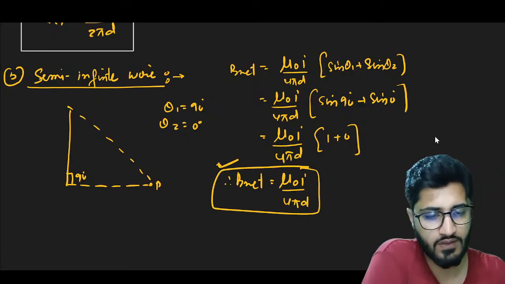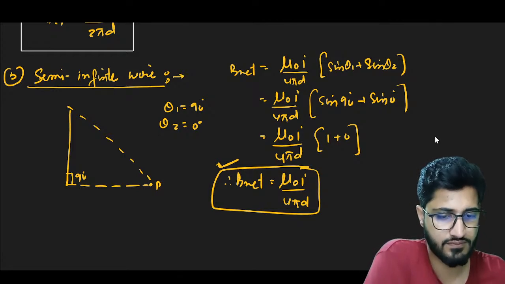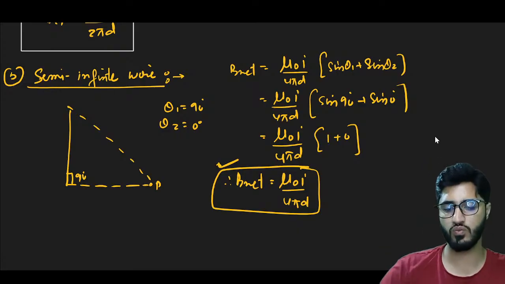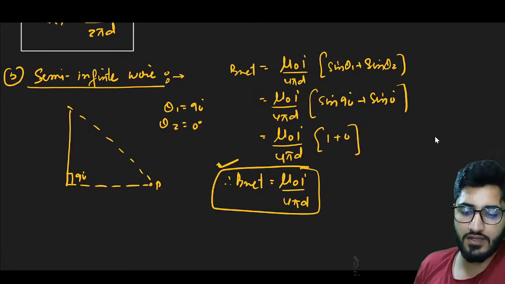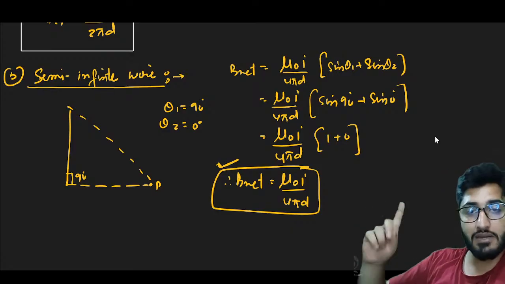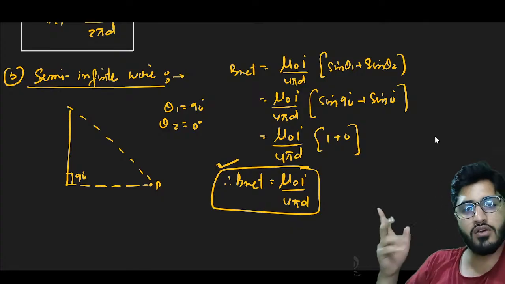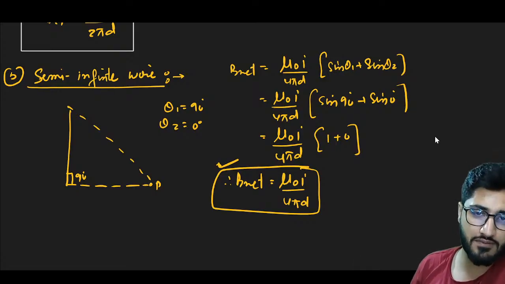Okay, clear? And this thing gets clear only if the basics are clear. Basics means the Biot-Savart law: mu naught I by 4 pi d, I dl sine theta by r square.